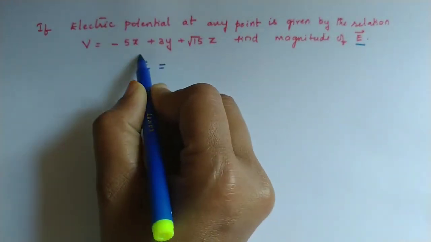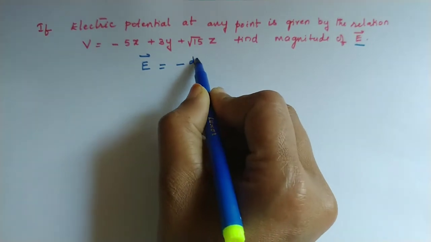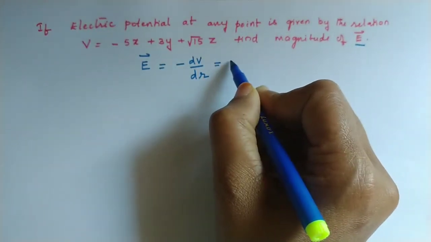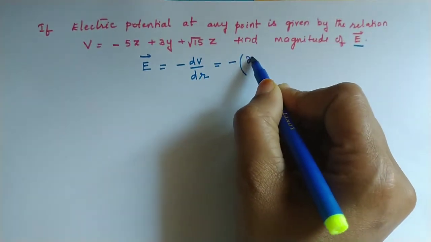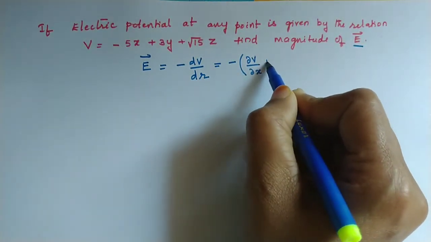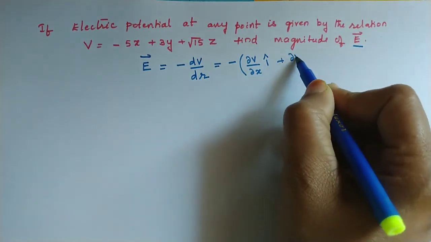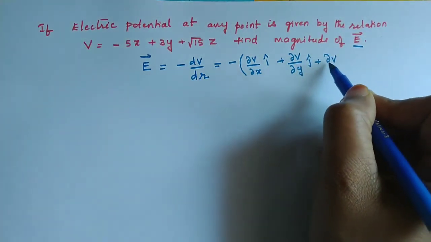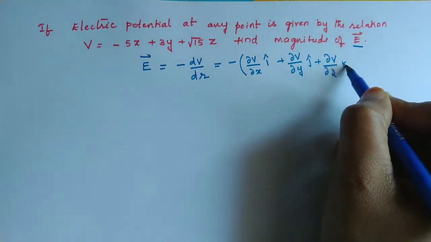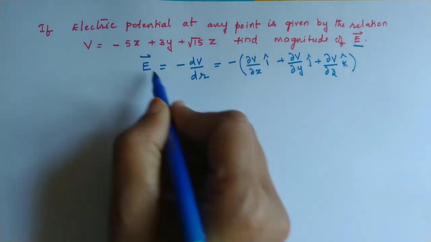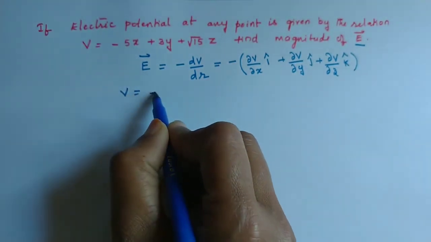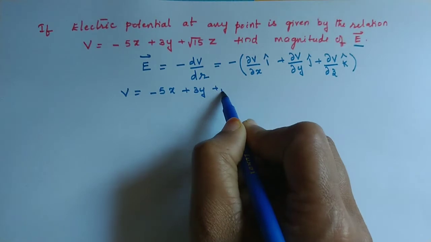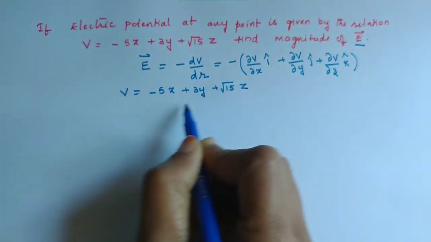E is equal to minus dV by dr. If you write it in 3-dimensional components, it would be minus of dou V by dou x into i cap plus dou V by dou y into j cap plus dou V by dou z into k cap.